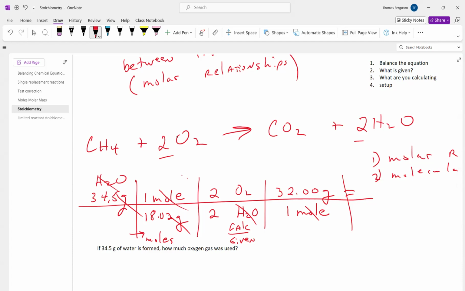Now, do I have to multiply by 2? 2 over 2 cancels. So basically, if you want to multiply by 2, make sure you divide by 2. But 2 over 2 is 1, so we don't have to worry about that. Okay, times 32 divided by 18.02 on the bottom. Enter.